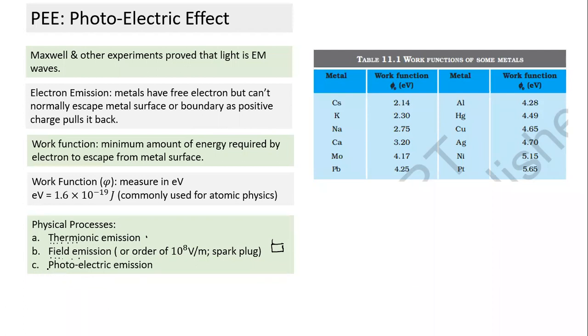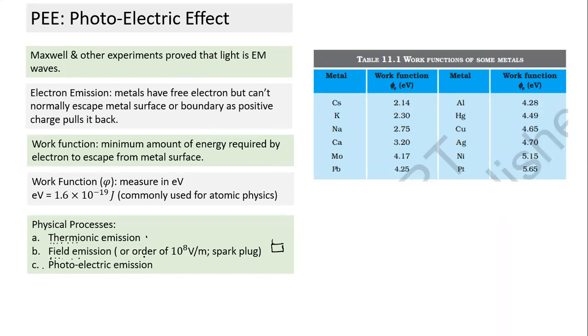And third, which is the topic related to this chapter, is photoelectric emission. What does photoelectric emission mean? Here, energy is provided by light. Light carries energy, and when it falls onto the metal surface, that energy can be transferred to free electrons.